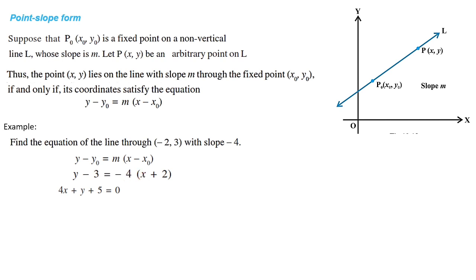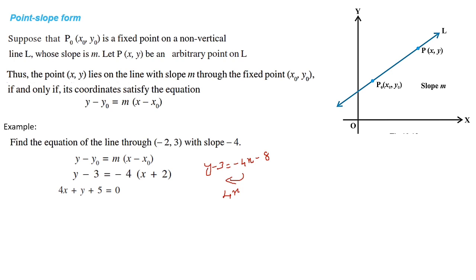Okay, a little work we can do here. That is y minus 3 is equal to minus 4x; when you expand the right side it is minus 4x, and minus 8 will be coming. Then we can bring the 4x to the left side. This will be plus 4x.